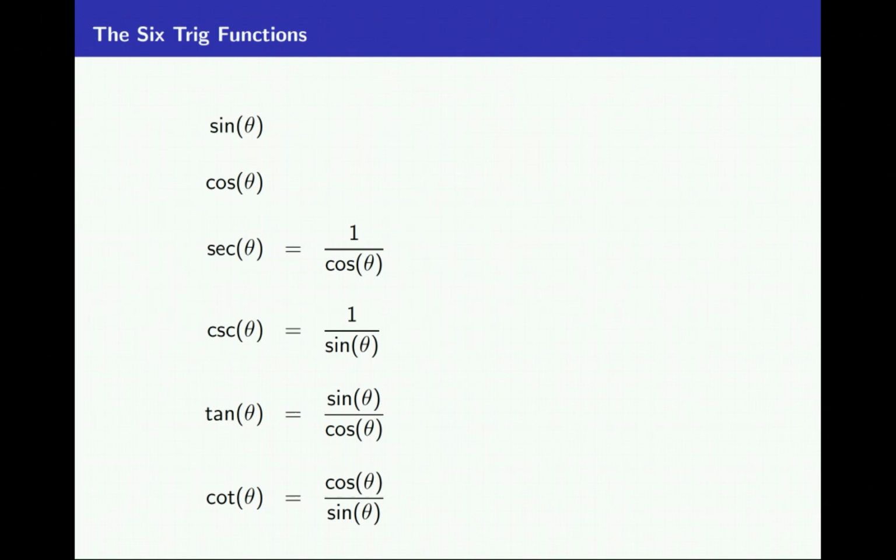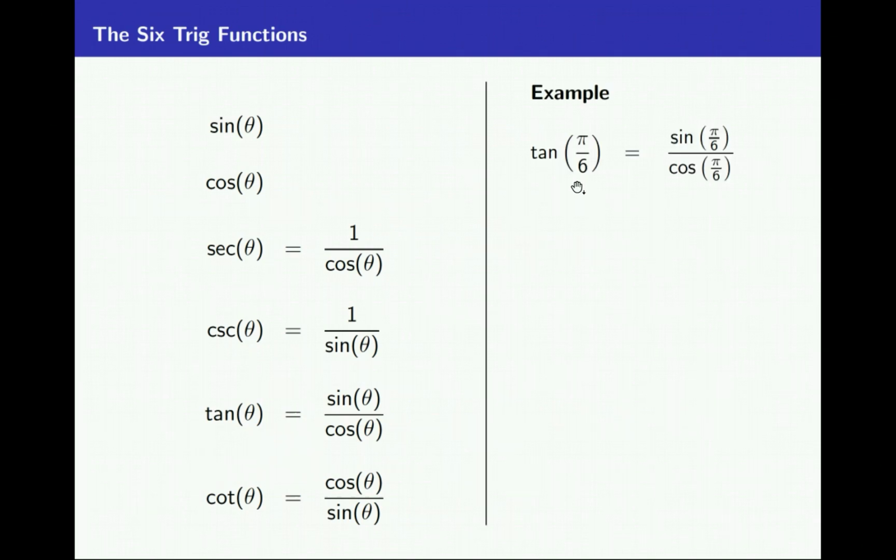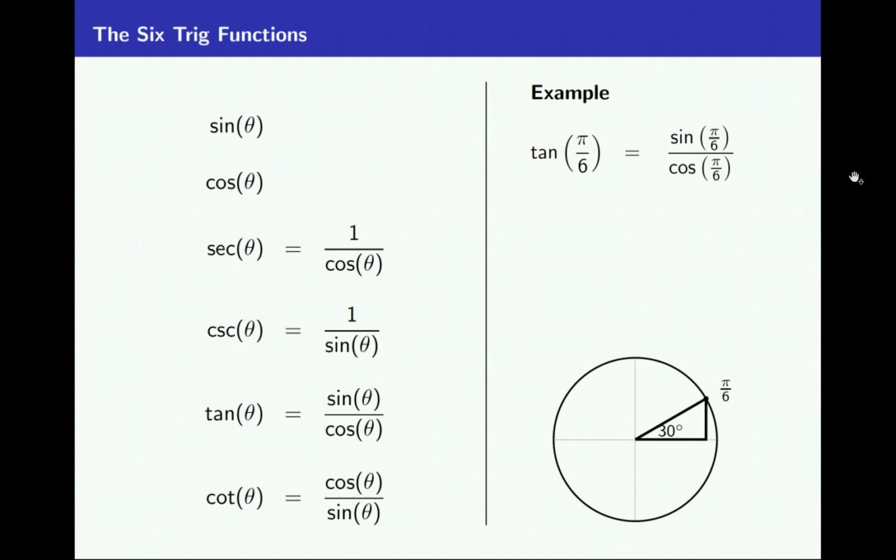And again, this is just a quick review. You should have some experience with these already. Let's just do one quick example. Imagine you needed to compute tangent of pi over 6. Well, that's sine of pi over 6 divided by cosine pi over 6 by definition of tangent. And to do this, you might want to look at the unit circle to reference pi over 6.